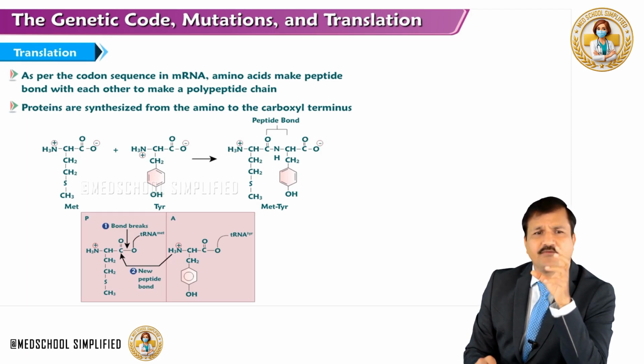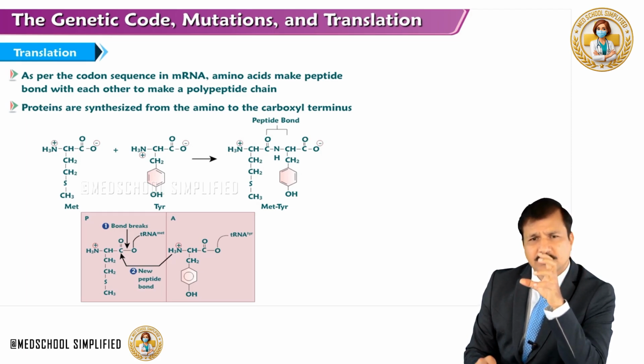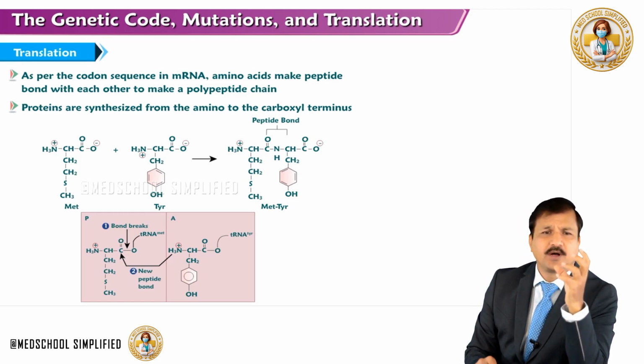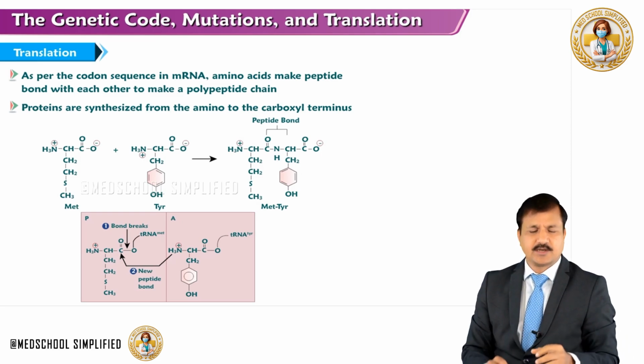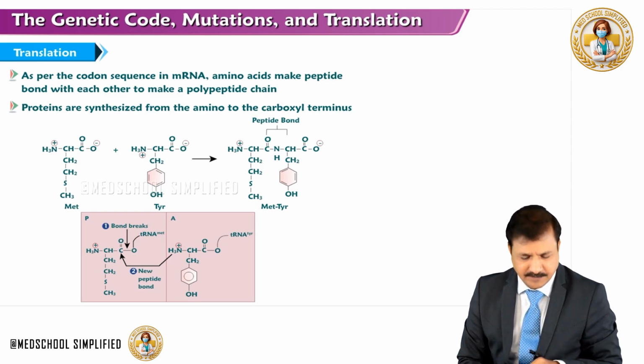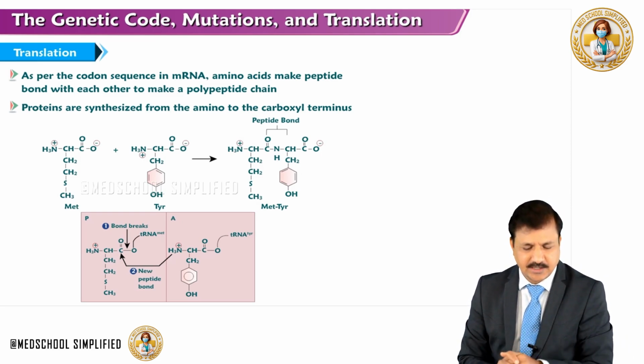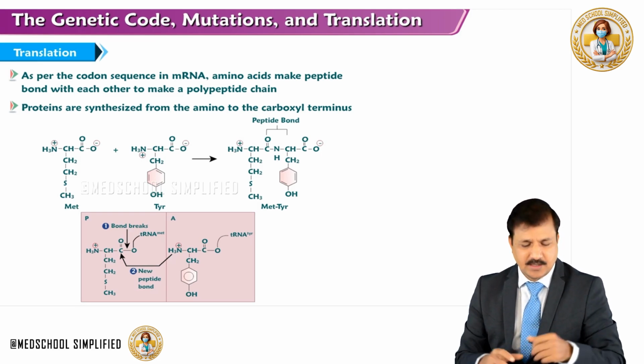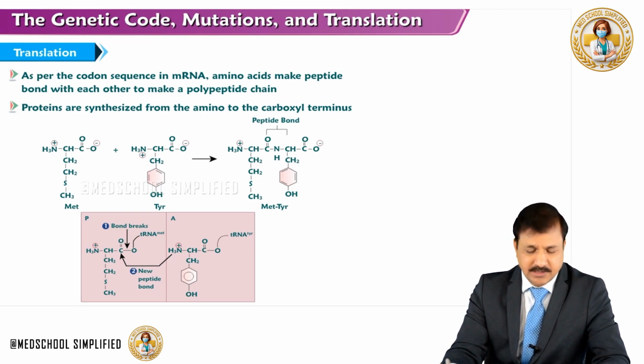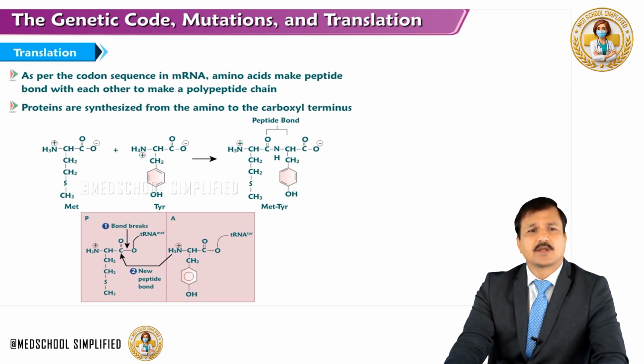The formation of a peptide bond between the carboxyl group of one amino acid and the amino group of another amino acid is shown here in this figure. The example taken here is methionine, whose carboxyl group interacts with the amino group of tyrosine, making a peptide bond.